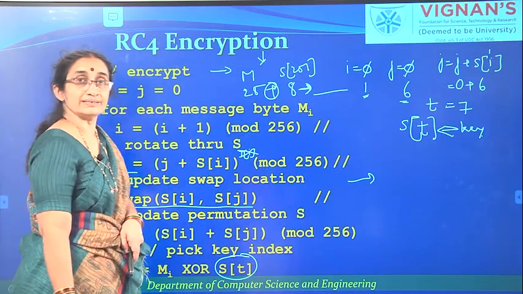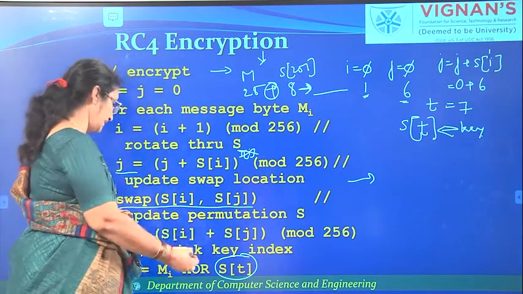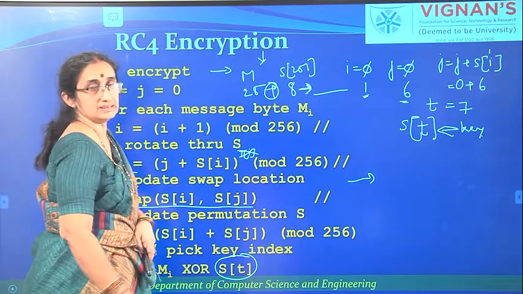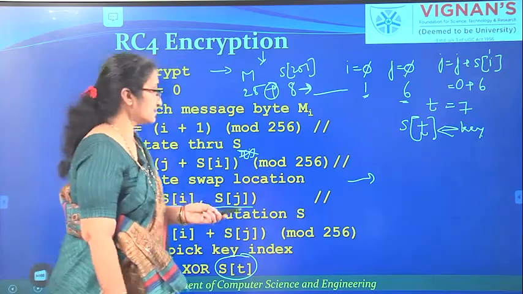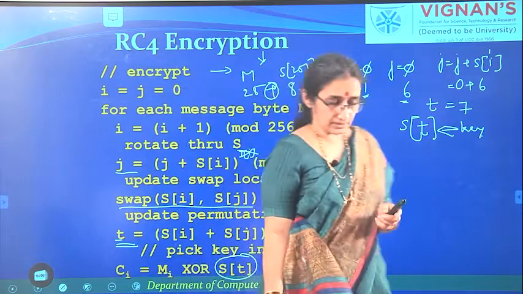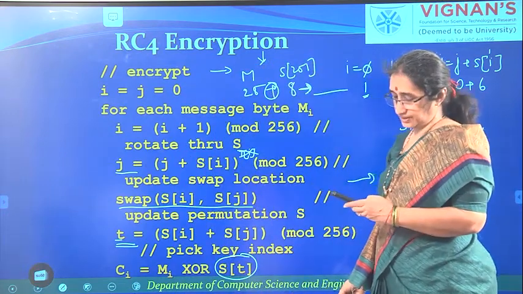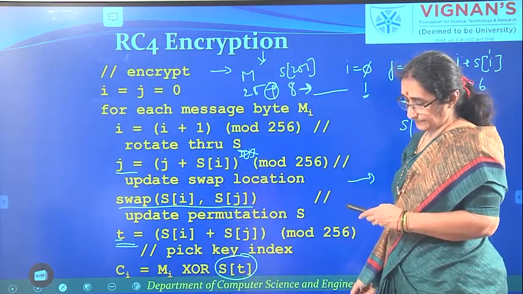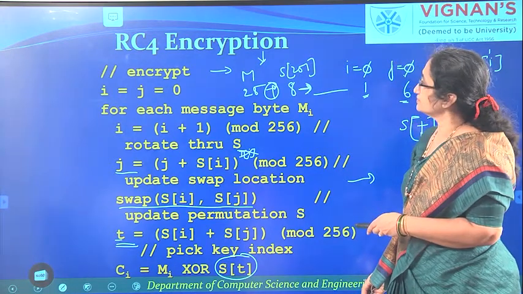You are taking S of t as the key value and you are adding it to the plain text value to get the ciphertext value. So this is what we have seen in the previous figure also.